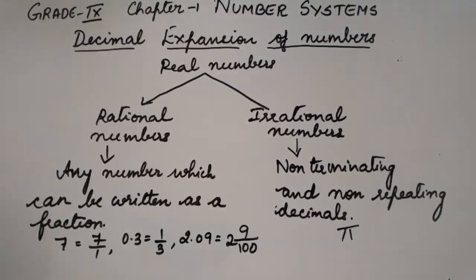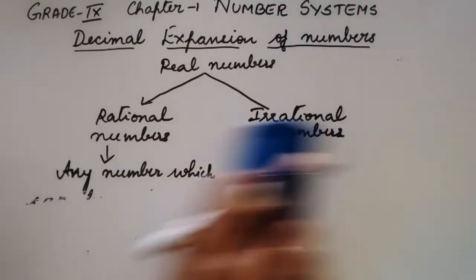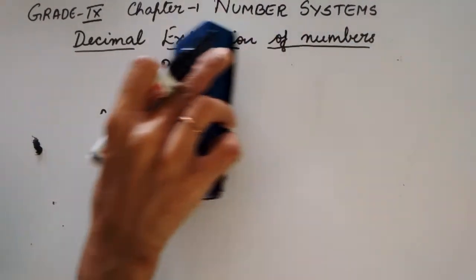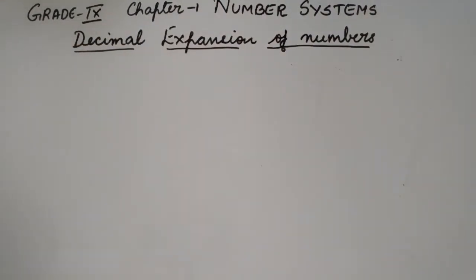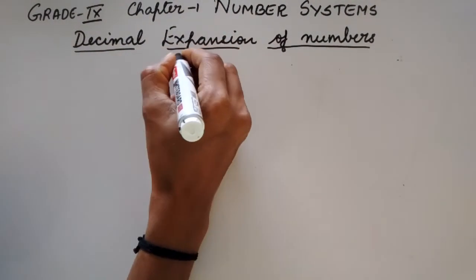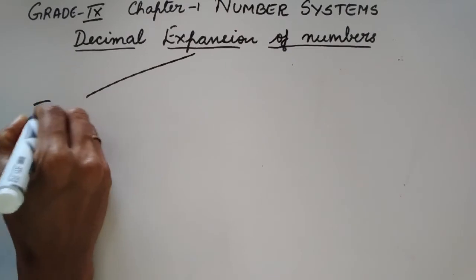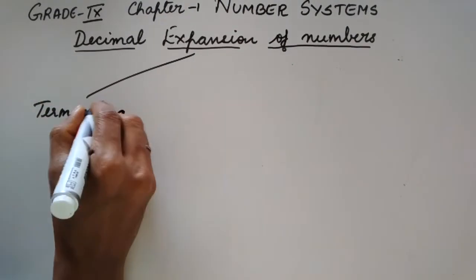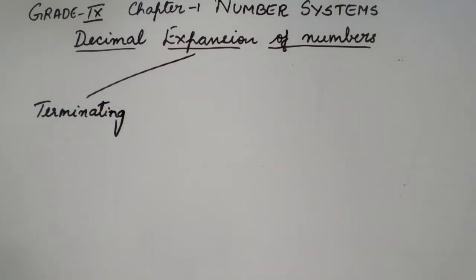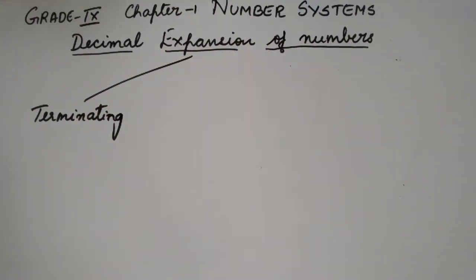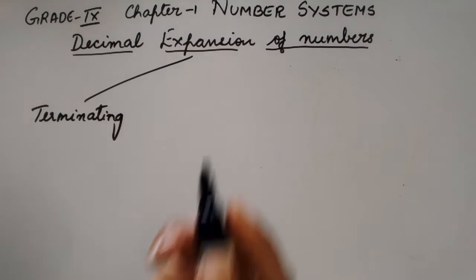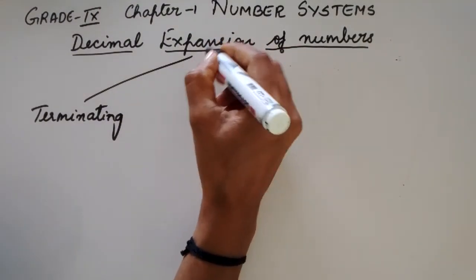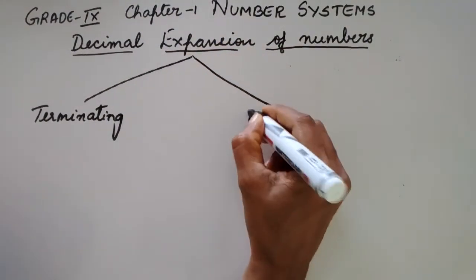Yes. So under decimal expansion of numbers, we had three types. The first one was terminating, where the remainder was 0. And non-terminating.